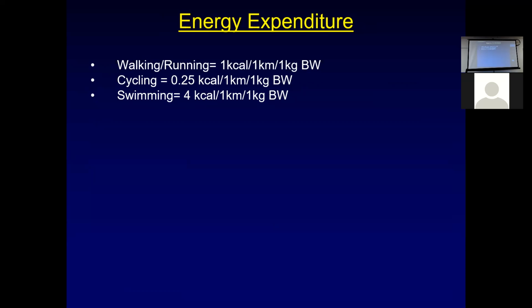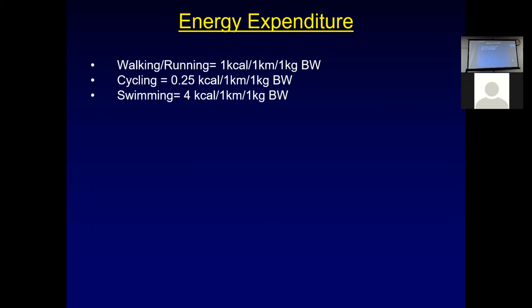And so we can figure out walking and running is about 1 kcal per kilogram of body weight per kilometer. So the idea is that walking and running, you burn about 100 calories per mile, okay? About 100 calories. Whether you walk or you run, it's about 100 calories, give or take, okay? Cycling burns fewer calories than walking and running because it's non-weight bearing.